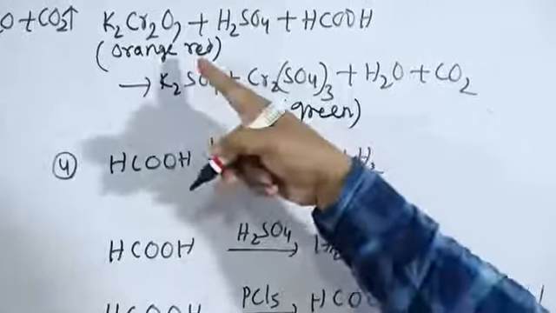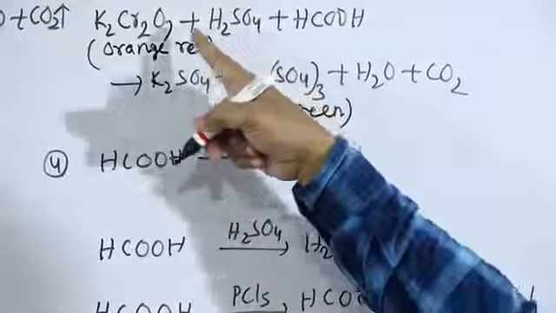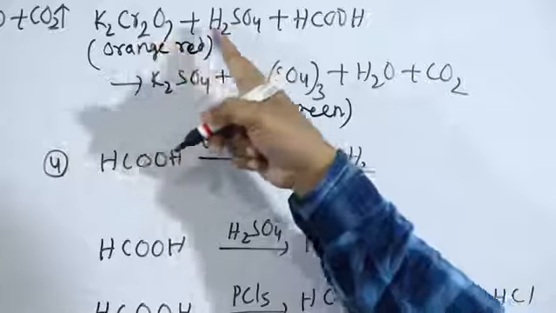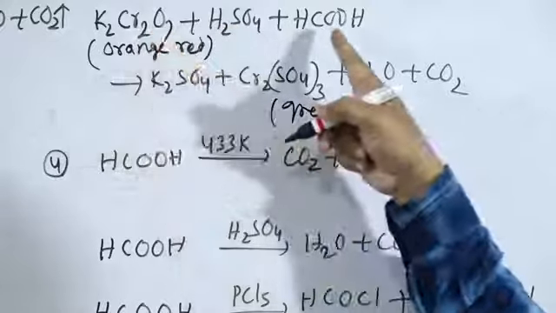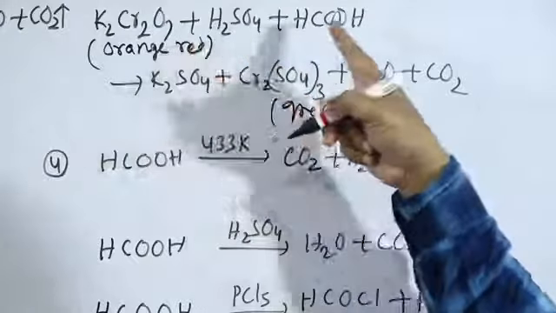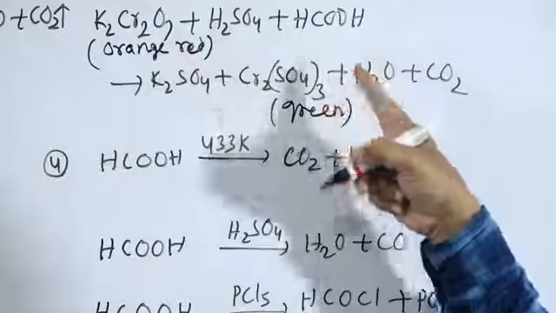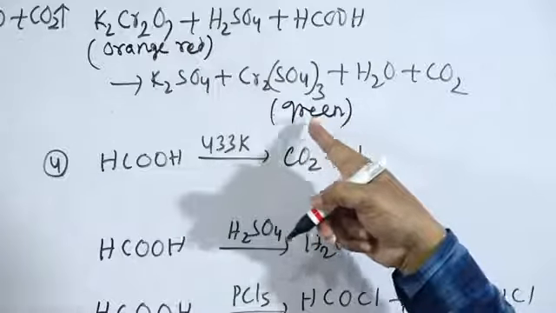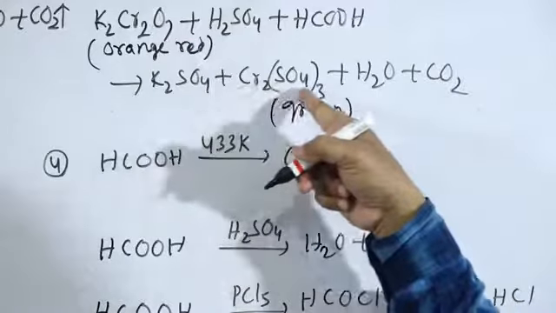Whenever acidified potassium dichromate is treated with formic acid, there is the formation of the green color of chromic sulfate.